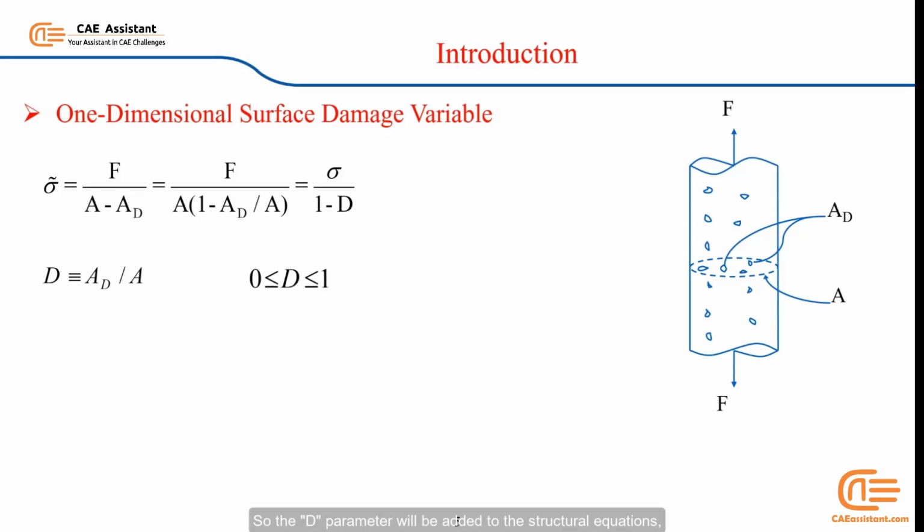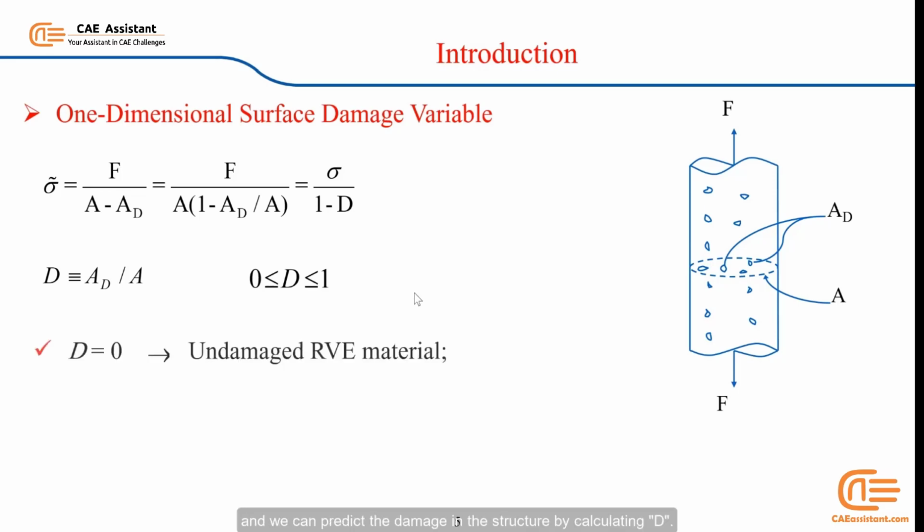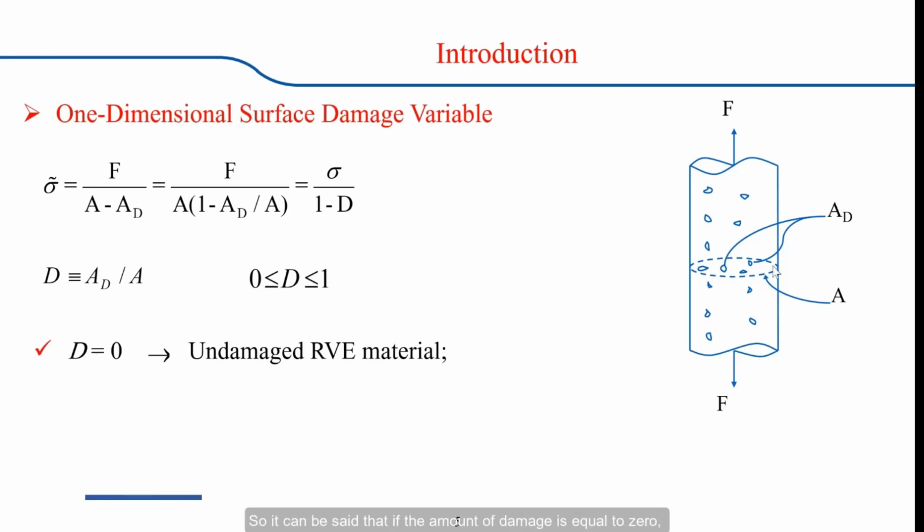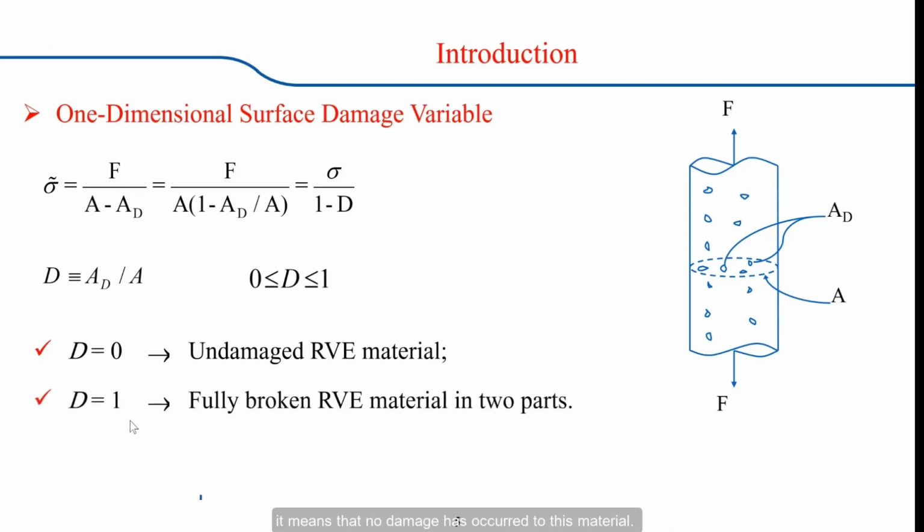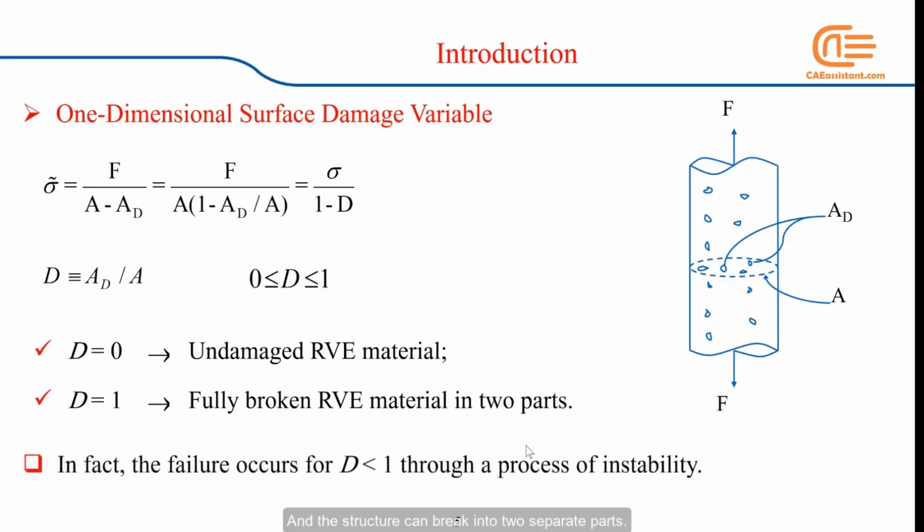So, the D parameter will be added to the structural equations, and we can predict the damage in the structure by calculating D. So it can be said that if the amount of damage is equal to 0, it means that no damage has occurred to this material. And if it is equal to 1, it means that AD covers the entire cross-section, and the structure can break into two separate parts.